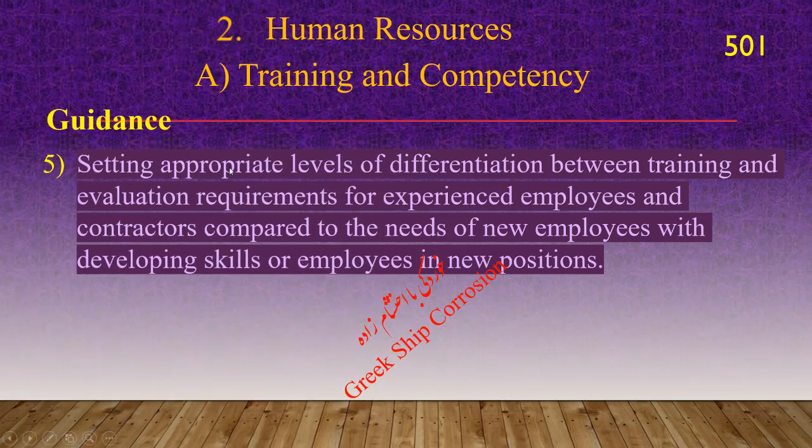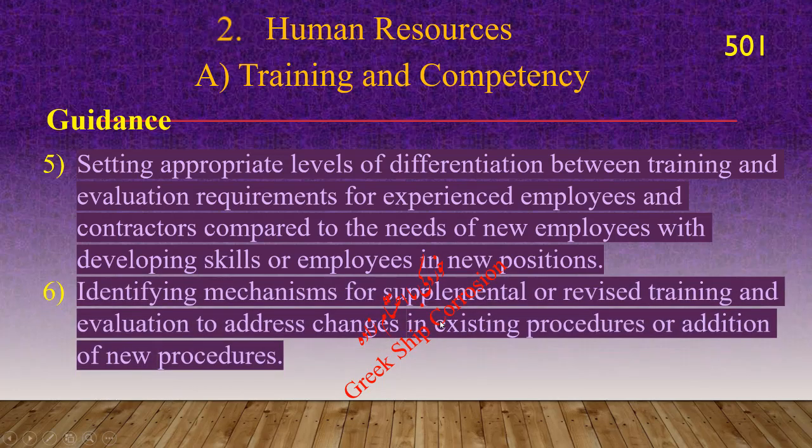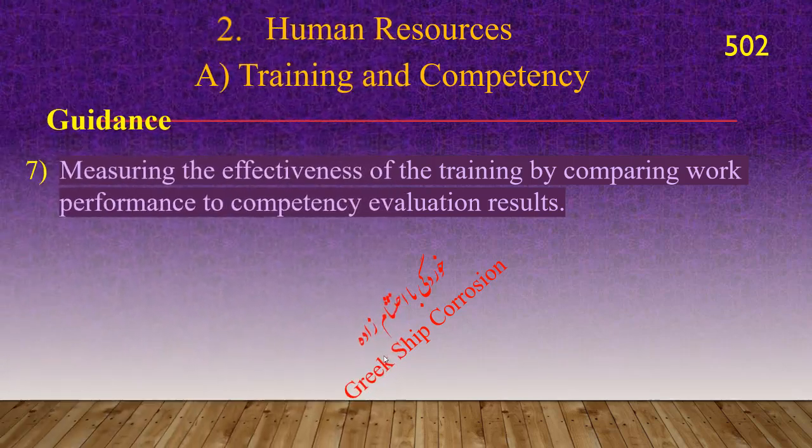5. Setting appropriate levels of differentiation between training and evaluation requirements for experienced employees and contractors compared to the needs of new employees with developing skills or employees in new positions. 6. Identifying mechanisms for supplemental or revised training and evaluation to address changes in existing procedures or addition of new procedures. 7.